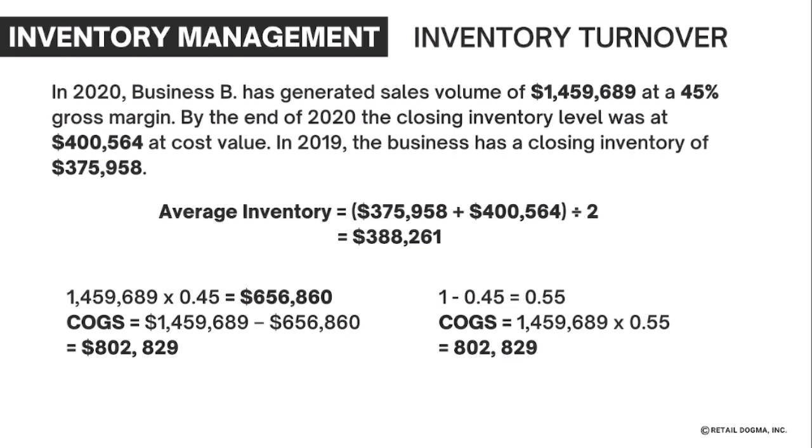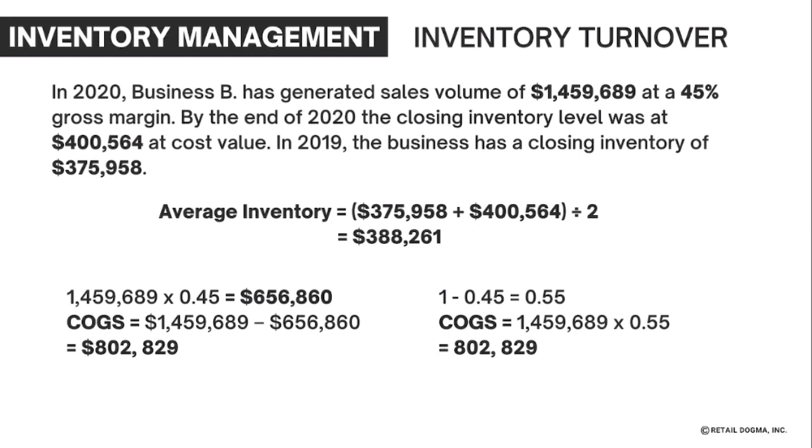So we either multiply 1,459,689 times 0.45, and this gives us 656,860. We then minus this 656,860 from sales, which is 1,459,689. So we get 802,829.